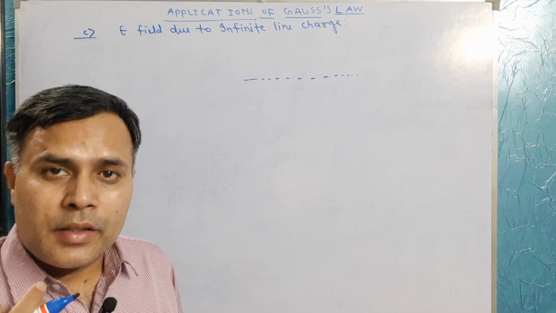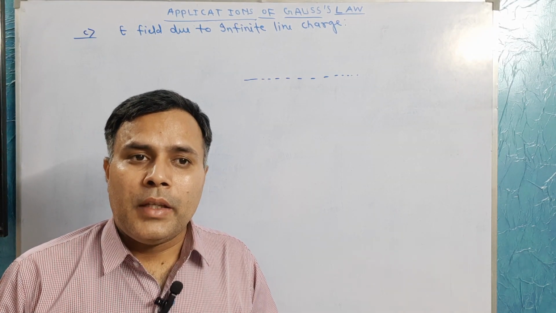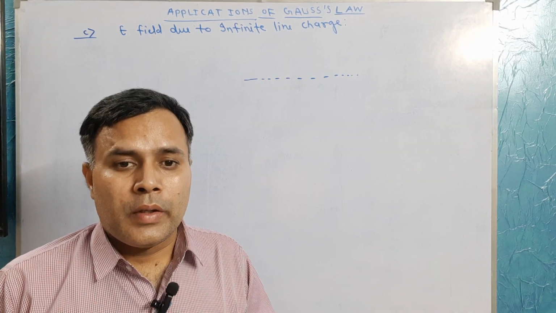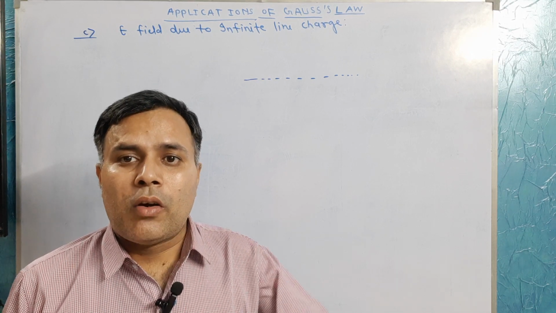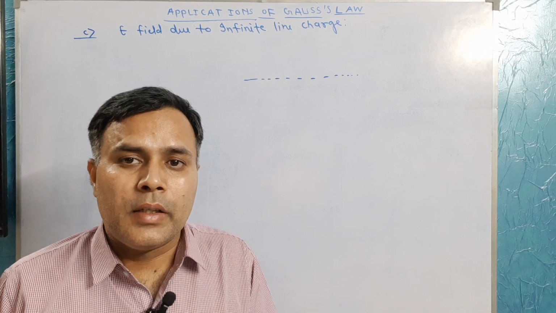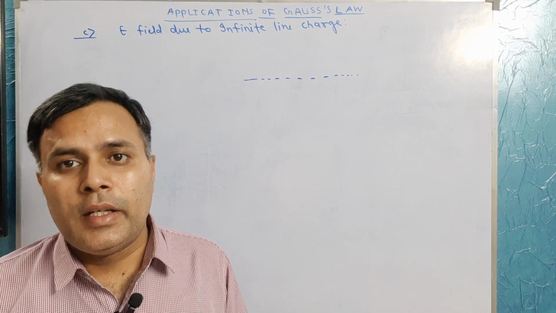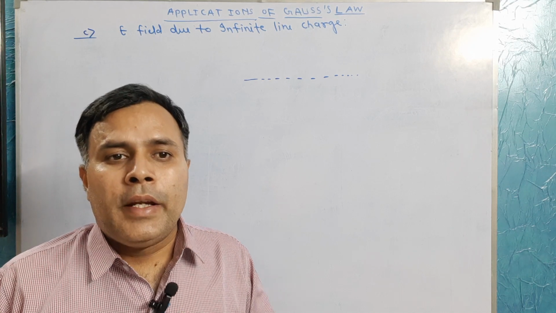We have already discussed that symmetry plays a very crucial role in applying Gauss law. There are three important symmetries in Gauss law: spherical symmetry, cylindrical symmetry and planar symmetry.